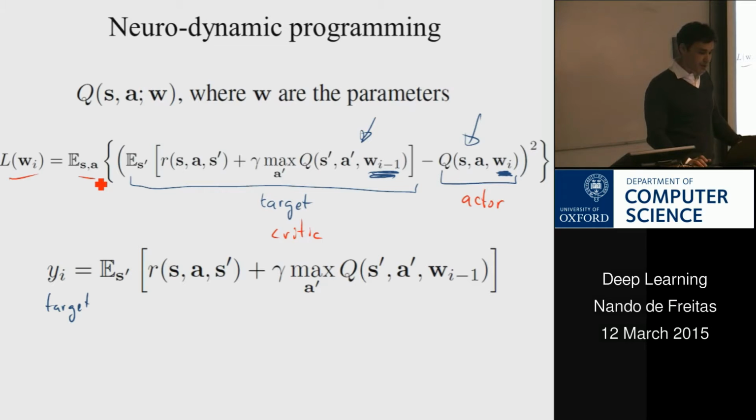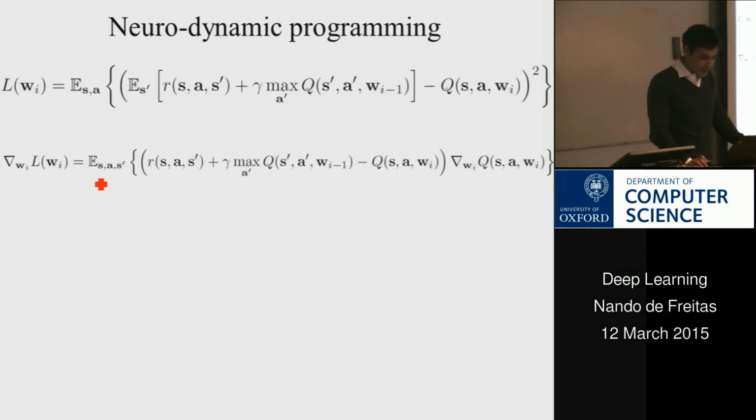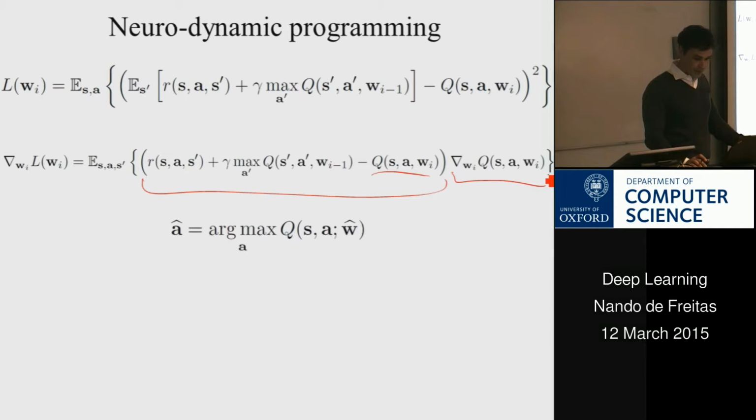So the only thing is we need to compute, yet again, the derivative of this, and then follow the gradient. And that's the same good old stuff. The gradient of this thing will be the gradient of the quadratic term, which will give you this guy, and then you need to take the derivative of this guy using the chain rule. And then you choose actions according to this.